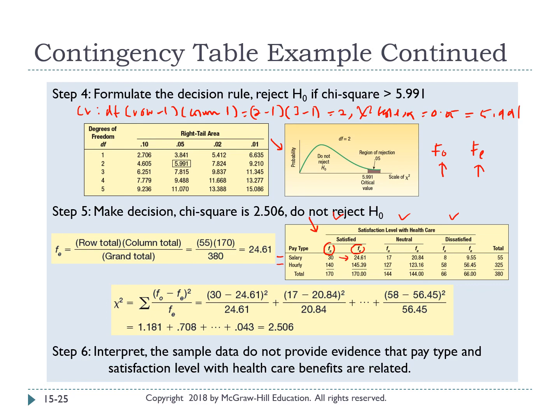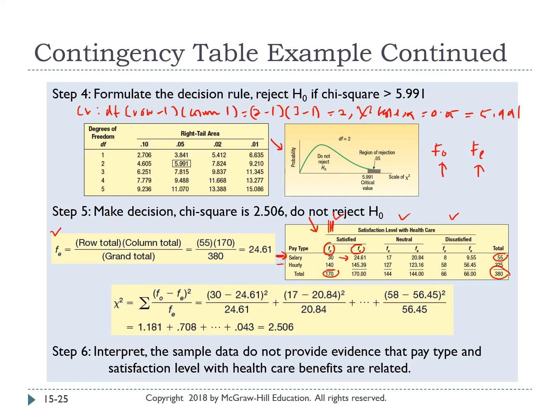What is the formula? FE equals row total multiplied with column total divided by grand total. So row is here, so the total is 55, and then you have to multiply with the column total. Column is here, so the total is 170, over the grand total. Grand total is this one, 380. By having all this information, you should get the value of the first expected frequency equal to 24.61.